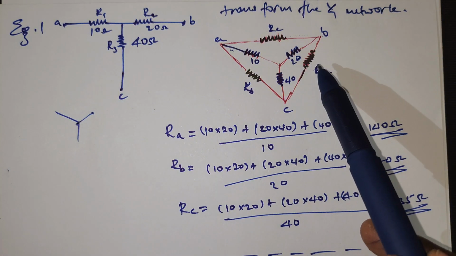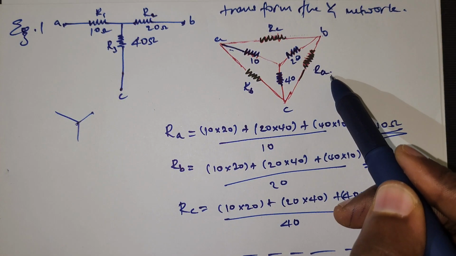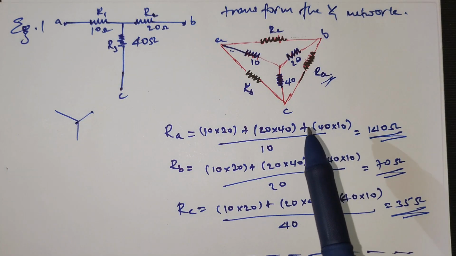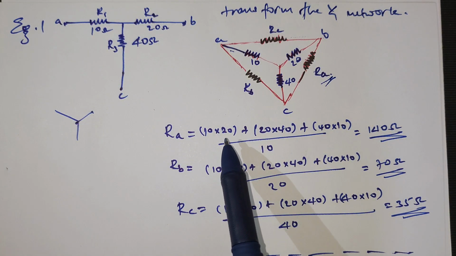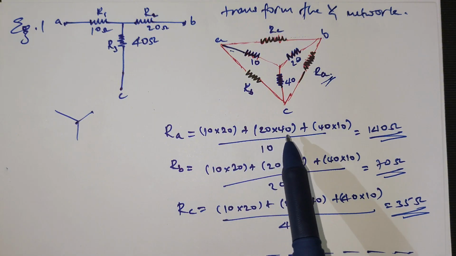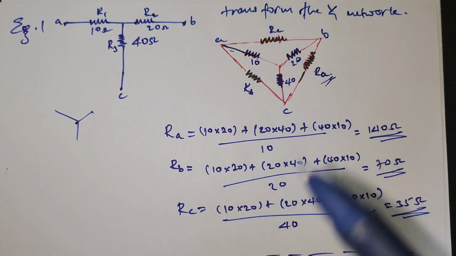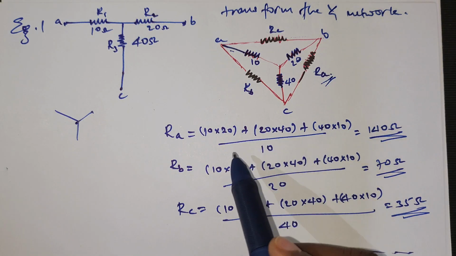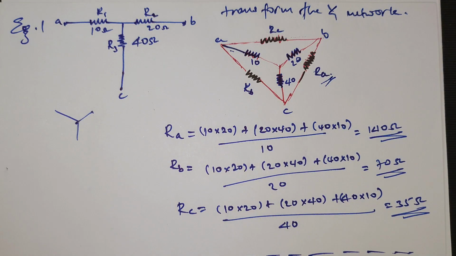So let's begin from RA, the corresponding resistor on the delta network. We're gonna multiply each possible two resistors and divide by the resistor on the opposite side of the Y network. As you see, this is the formula.